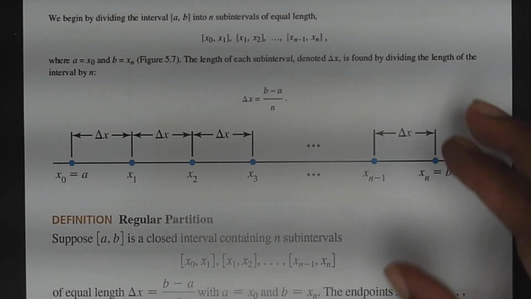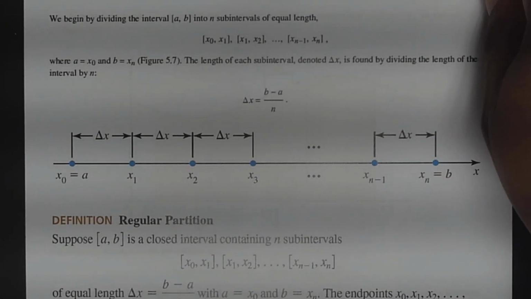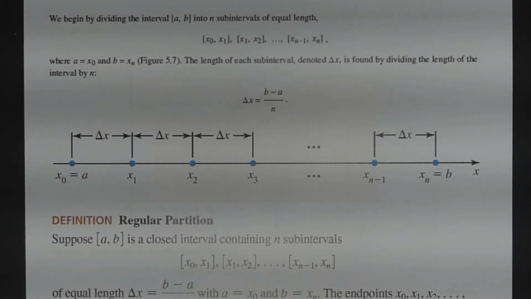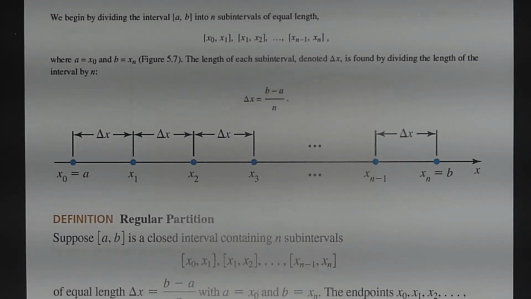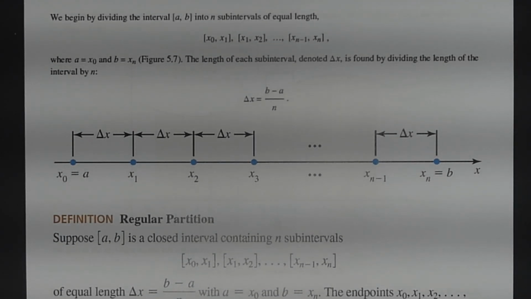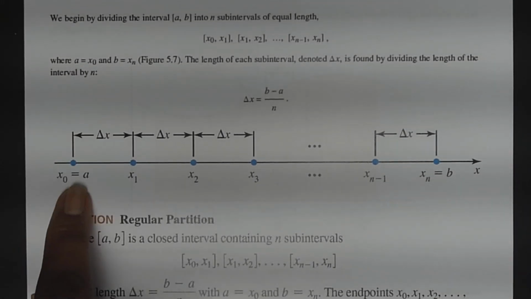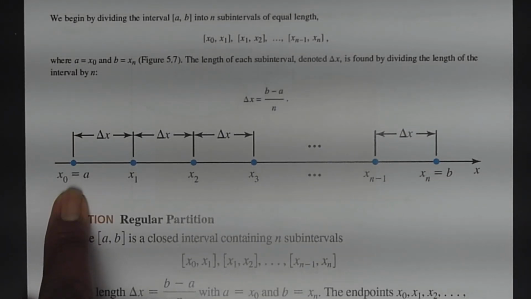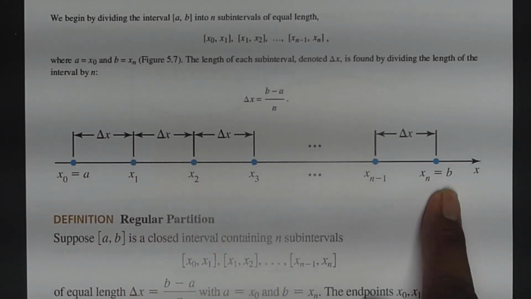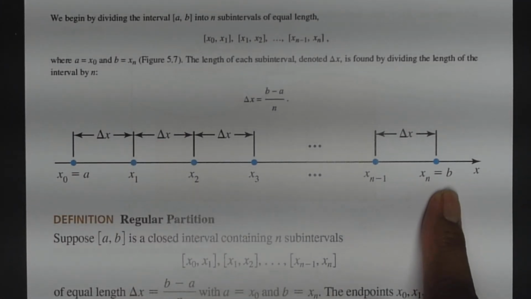We'll begin by dividing the closed interval a, b into n subintervals of equal length. In this case, a is going to be x sub 0, and b will be x sub n, as you can see here.